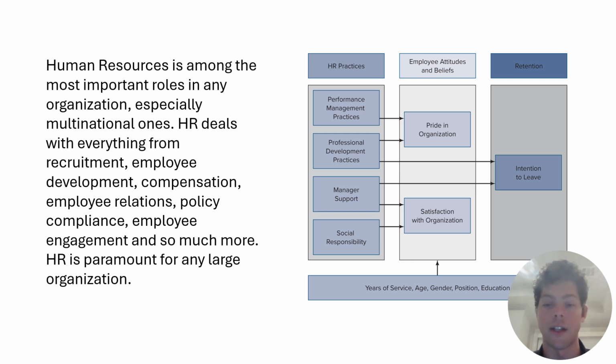So on the right of this slide, I took a picture from the textbook. I think it lays it out very simply. You have the HR practices, which it lists performance management practices, professional development practices, manager support, and social responsibility. Each of these factors either influences the employee attitudes and beliefs in the second column, or the employee retention in the final column.